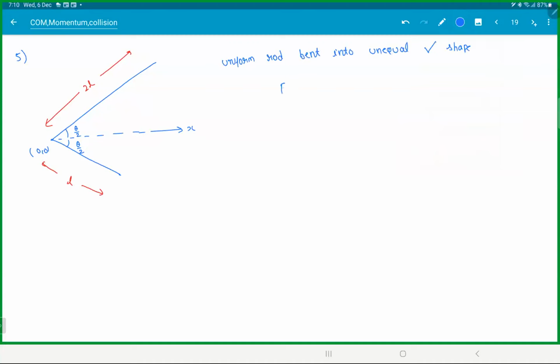Find the center of mass. We have a rod of length 12 and a rod of length L bent into this shape. The x-axis is the angle bisector. Find the center of mass of this rod.